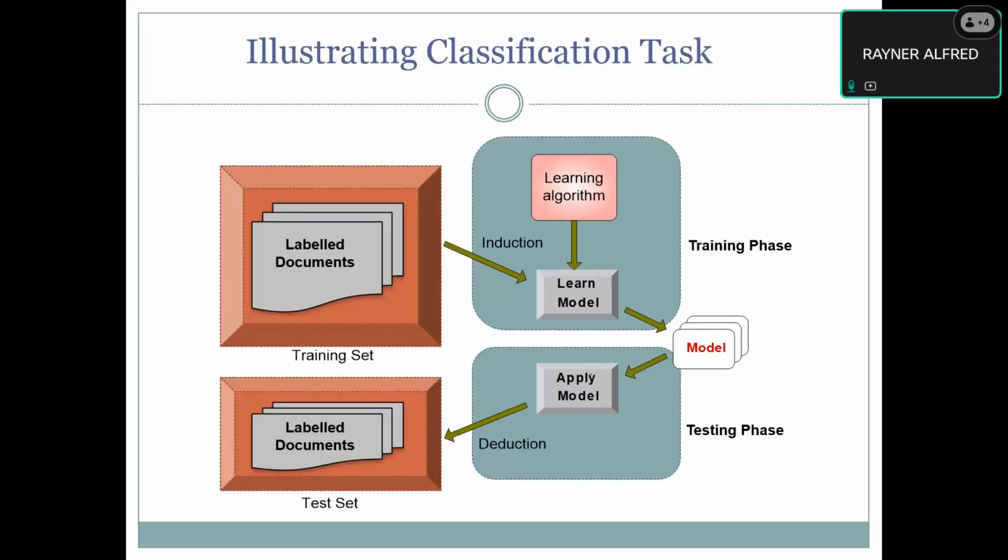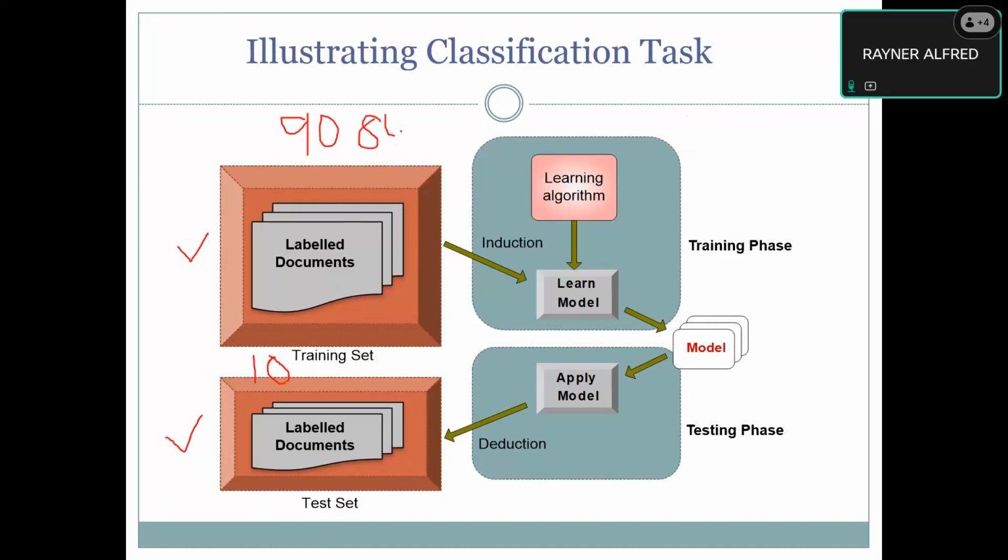So if you look at the diagram here, we have the label document for training set and also the test set. So normally in the experimental setup, we have 90% from the document is used for modeling, 10% is used for testing.